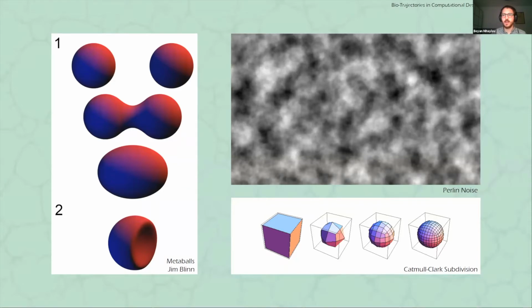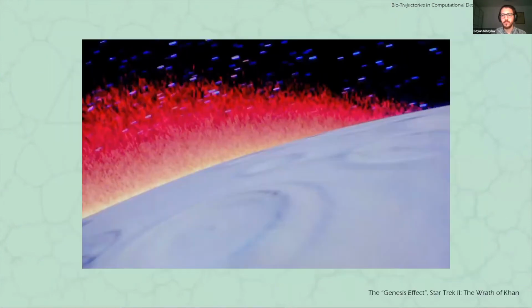Some examples are metaballs, Perlin noise, the Catmull-Clark subdivision, and particle systems. And whoever has worked with different 3D modeling software should have, at least at some point, come across some of these terms. All of these algorithms had the goal to give an accurate representation of forms, shapes and phenomena that occur in the real world.